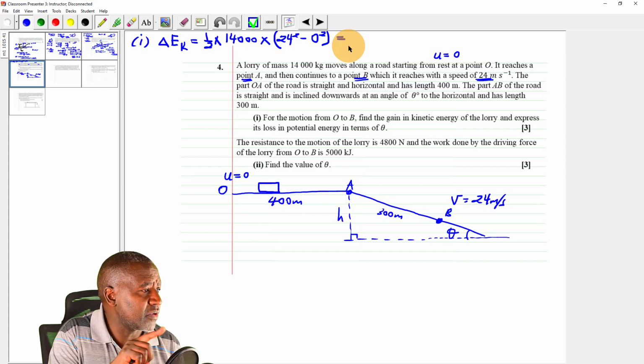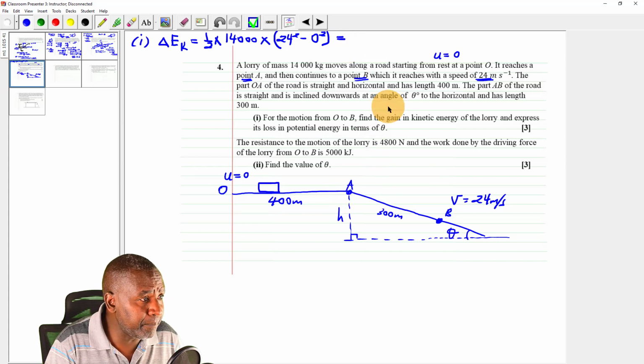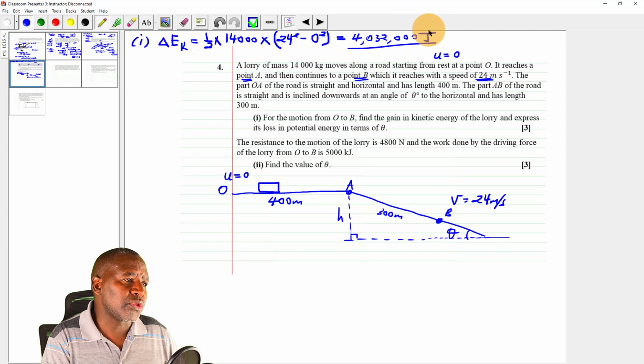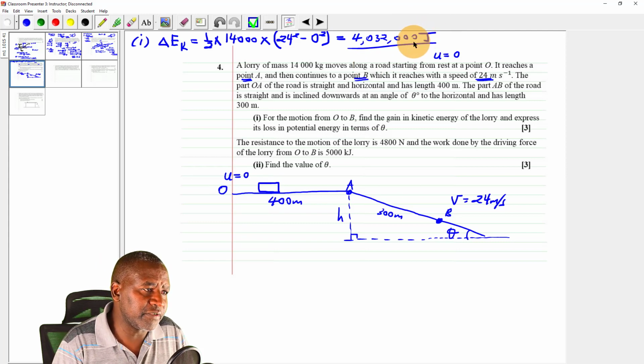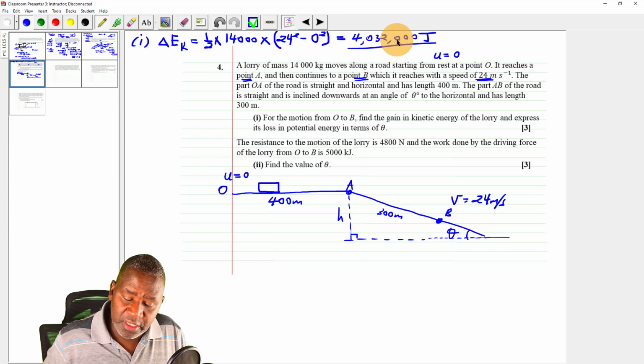I think there is no other number that I've missed out, and that will be 4,032,000 joules. That will be the gain in kinetic energy, 4,032,000 joules.